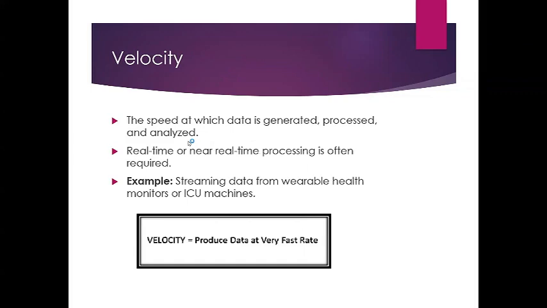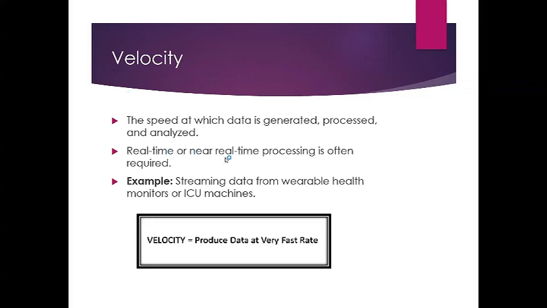So when we talk about speed, big data is generated very speedily compared to the legacy data, right? Because of this exponential growth, the data is generated very quickly, right?